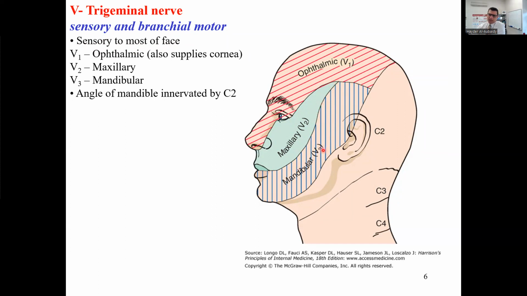As you can see in the representation here, the ophthalmic supplies most of the forehead and the nose, and the junction is around the zygomatic region. The maxillary supplies mostly the zygomatic area, and the mandibular inferiorly. Keep in mind that the angle of the mandible receives innervation from the C2 nerve, cervical 2, not from the trigeminal.